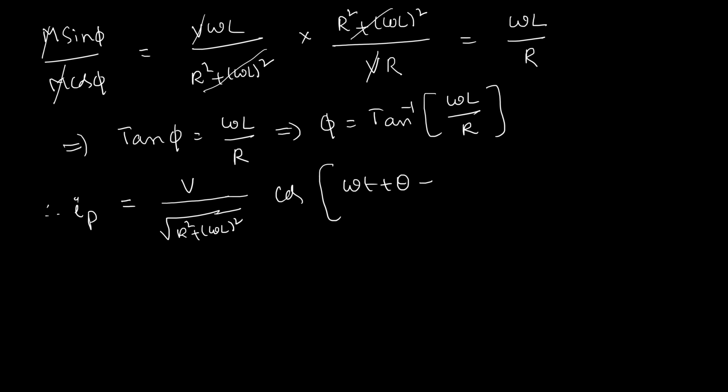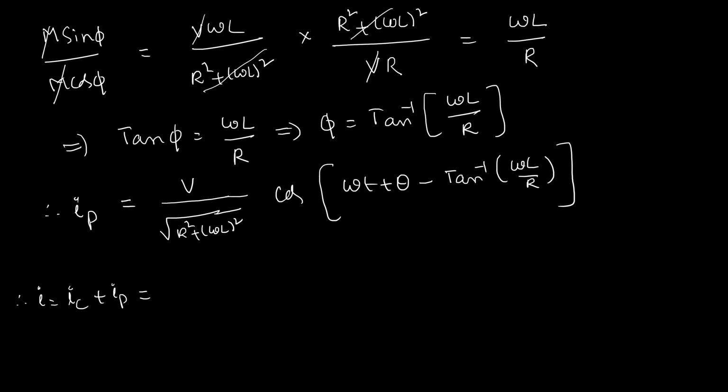Because the circuit has an inductor, you'll prefer the negative sign. So there you get minus phi, where phi is tan inverse of omega L by R. So this is our particular solution. Now, what is the complete solution for the current? That is the complementary function plus the particular integral.